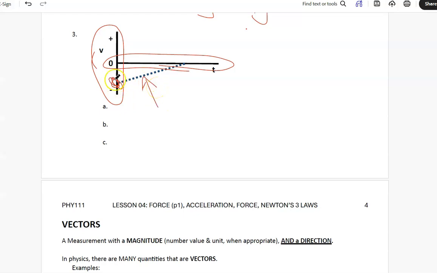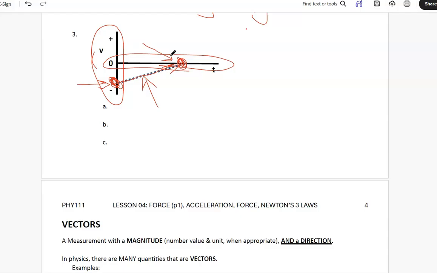You'll notice we start at this point and we end at this point, and the velocity is increasing, starting from a negative value and then finally ending with a velocity of 0 at some time on this axis.